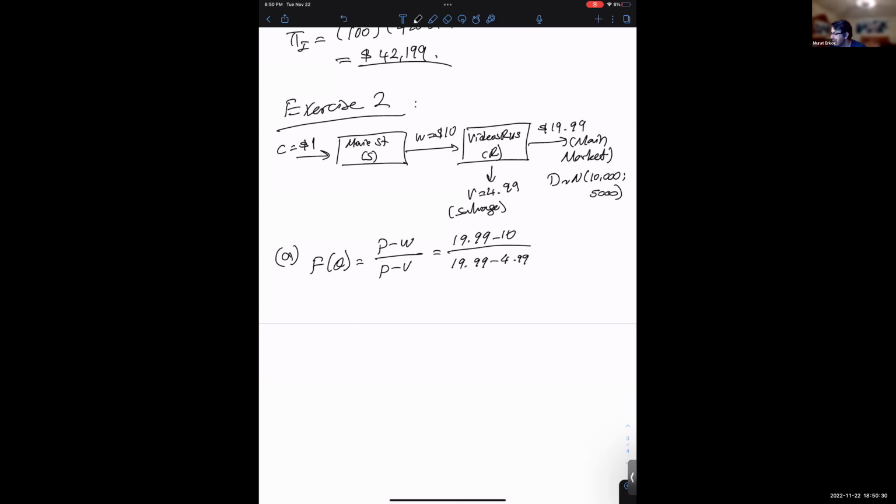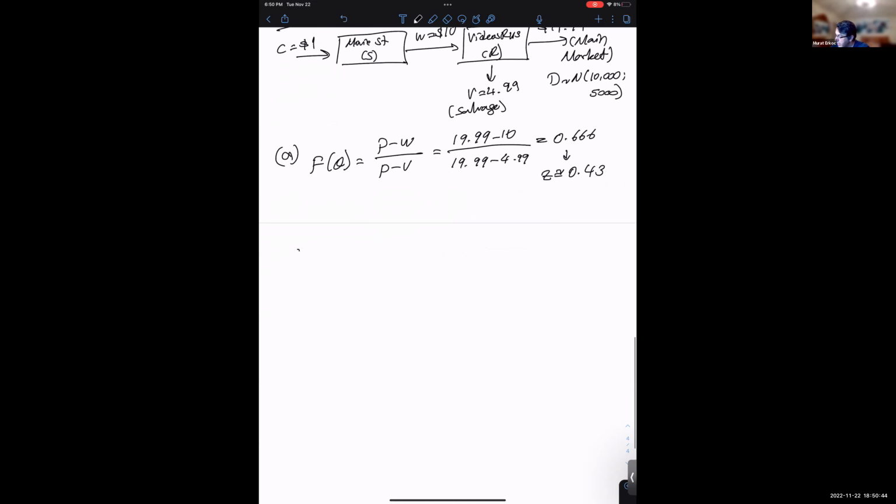And that will be 0.666. And then the Z value that corresponds to this is 0.43. So if I know the Z value from the Z table, then I can go and calculate the quantity. Mu is going to be 10,000.